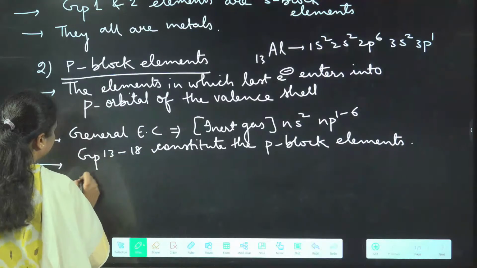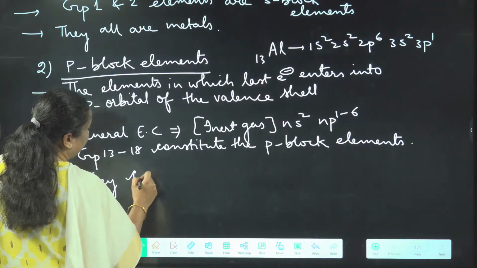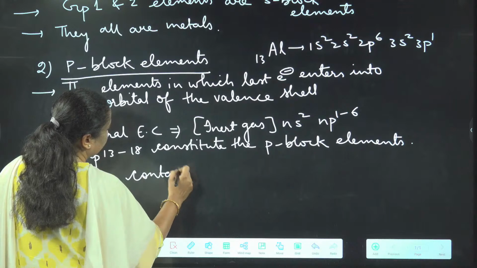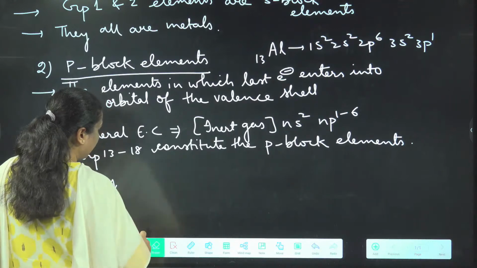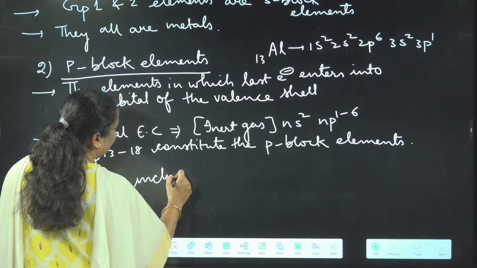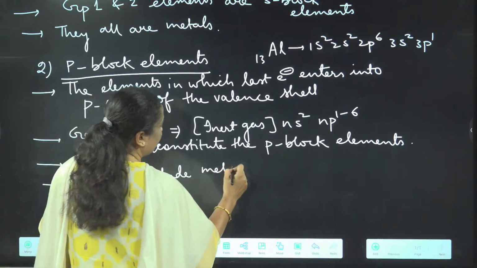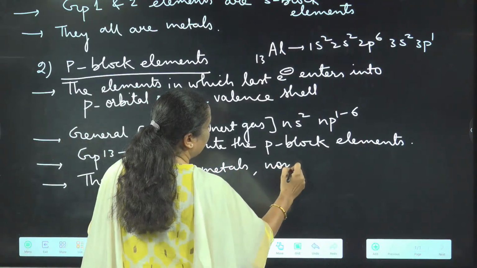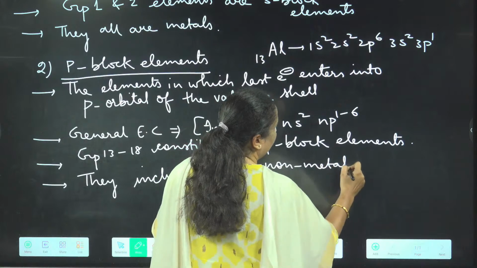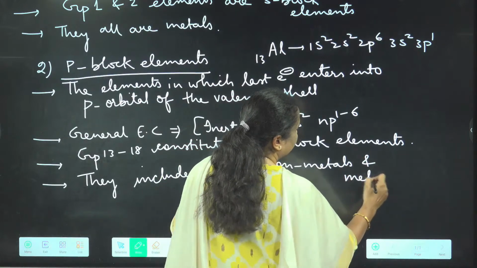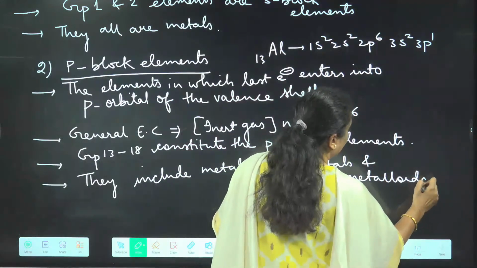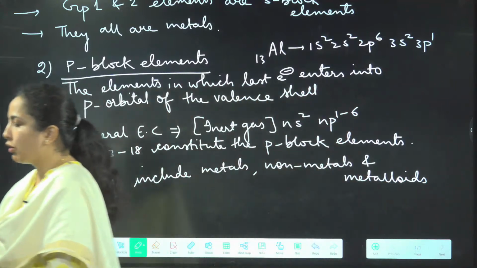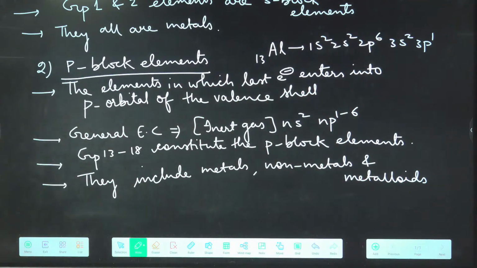You are having metals, non-metals, and also metalloids, right? So we can say they include metals, non-metals and metalloids, right? That's what is p block element. So please make a note of it and then we'll proceed further. And I hope you people are able to follow.